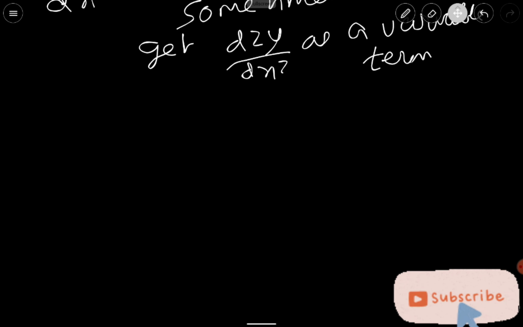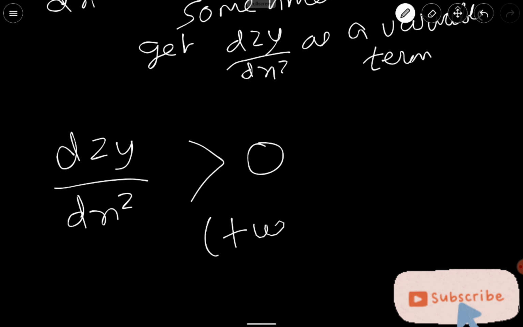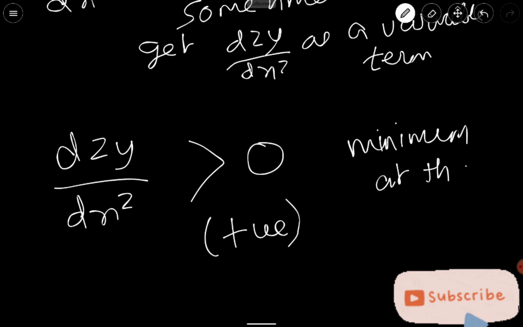But even if we get a constant or a variable term, how can we find out whether the point is a maximum or minimum? When d2y/dx2 is greater than 0, so it is a positive value, then the curve is minimum at that point.